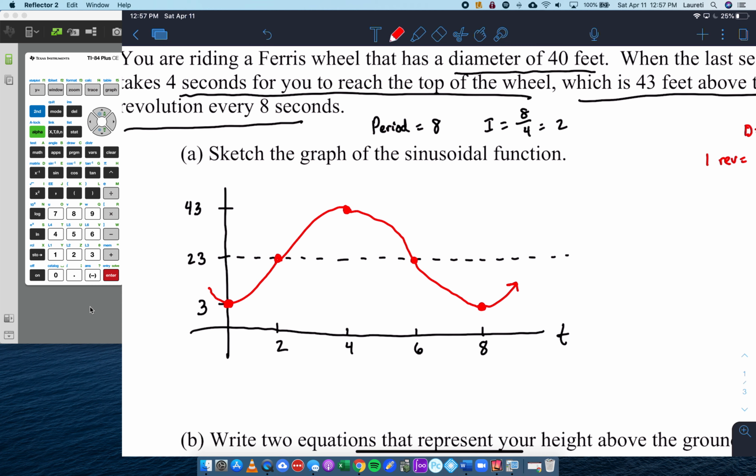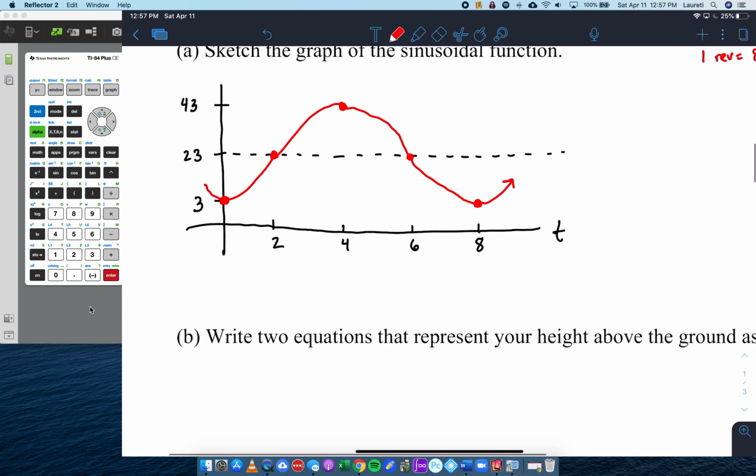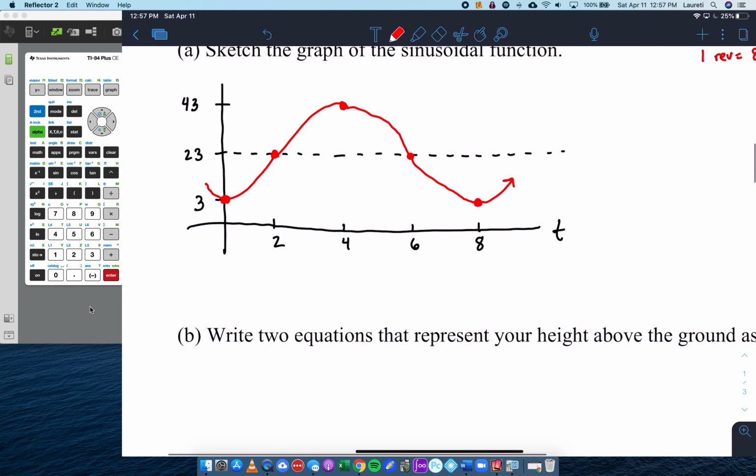Now it says we want to write 2 equations based off of what's going on here. We already said that the distance from the lowest point to the highest point is 40, since 43 minus 3 is 40. If you divide that in half, you get 20. So the amplitude is 20, or half of the diameter of the wheel.